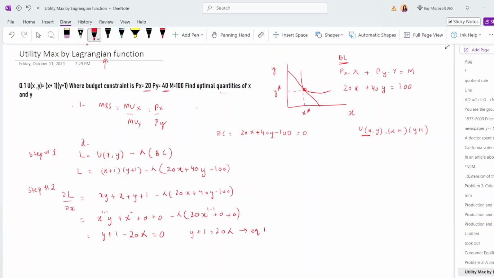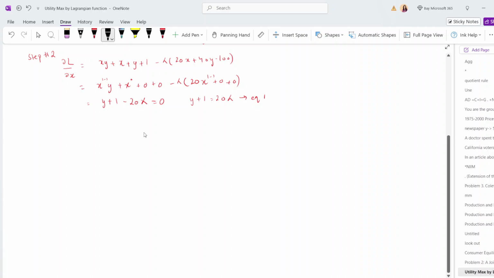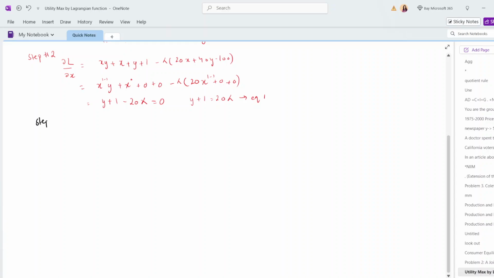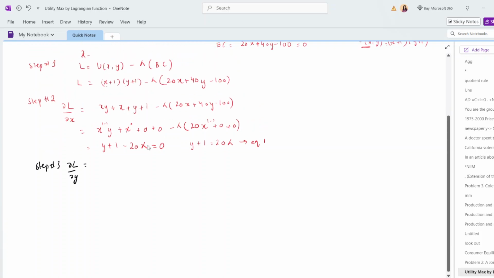All right, we can do the same thing for y as well. That would be a second unknown in this. So step 3 here would be take derivative of this function with respect to y. Look at that equation again, which is this simplified. First we'll simplify it, x would stay as it is, y would be 1, minus 1. Then x disappeared, y would be 1, and 1 would just disappear.